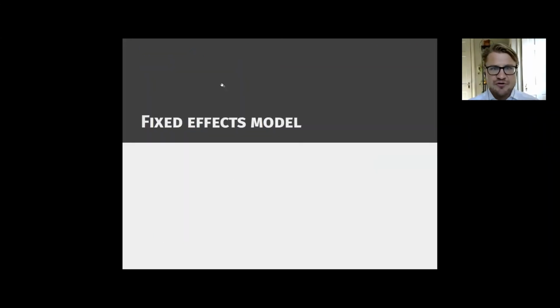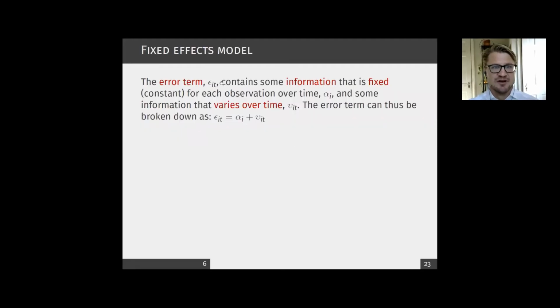Right, let's show you the actual model of fixed-effects. And so the only difference really that you see here in the estimating equation is that the error term, remember, epsilon, contains some information that is fixed, which is constant for that city, and some information that varies over time.